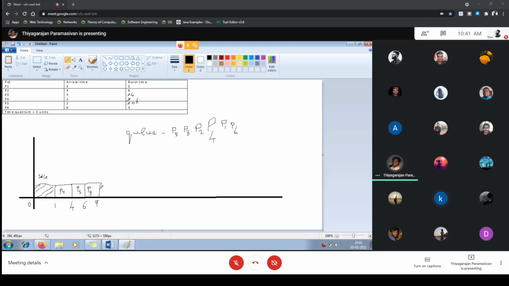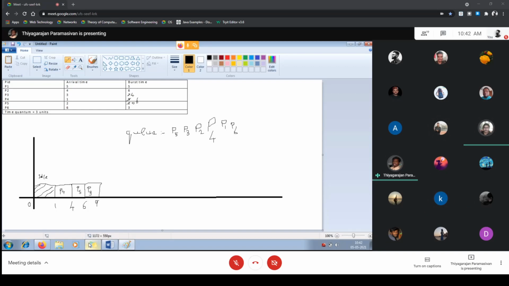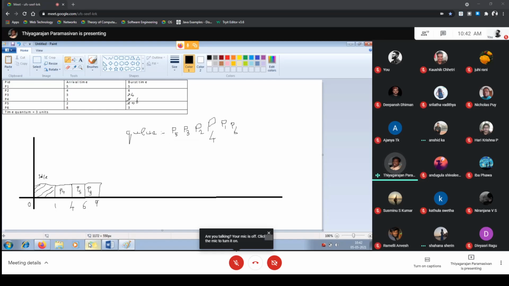Now what is the fourth step? Please read that sentence.